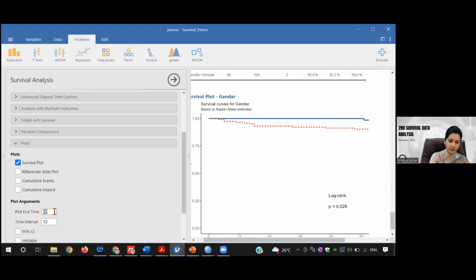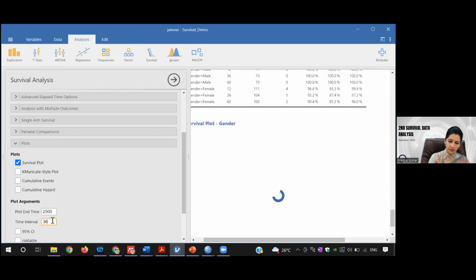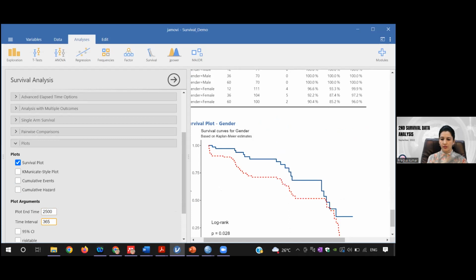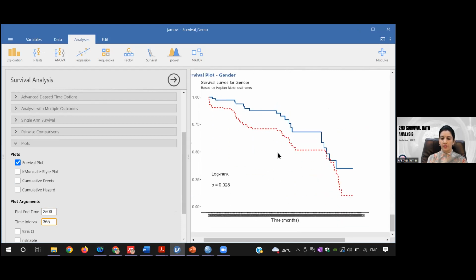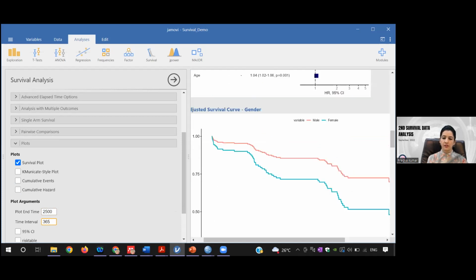I will set it to 2500, and here I will set 365. And there you can see this was the unadjusted plot. But if you see the adjusted for gender, it is like this.